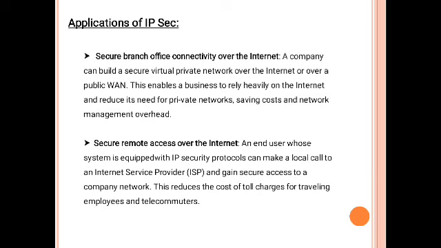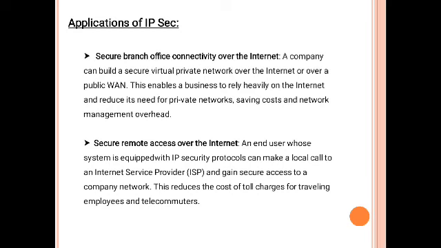In this inter-branch connectivity, that is from one branch to another branch, we can take any bank for example. The information in the bank should be very confidential and it requires security. So we use IP security in this.